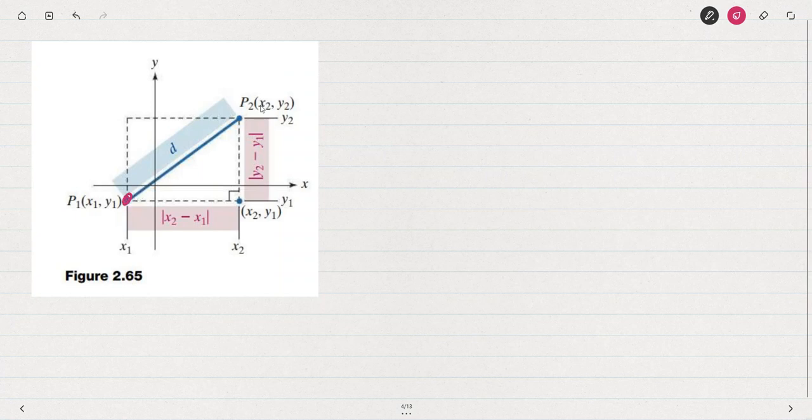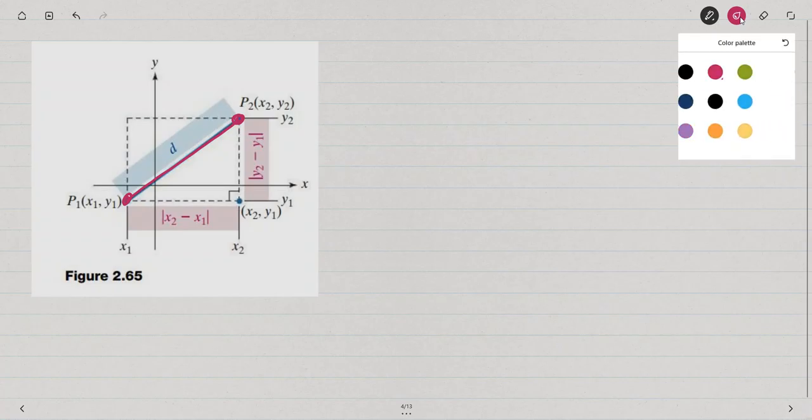Let's say we have these two points and we want to find the distance between them. There's a formula we can use to find that distance, and it's based on a formula that I'm going to guess you probably know. We're looking for that red distance, right?